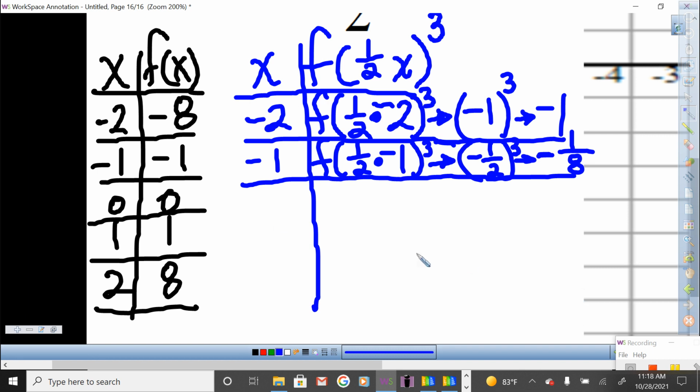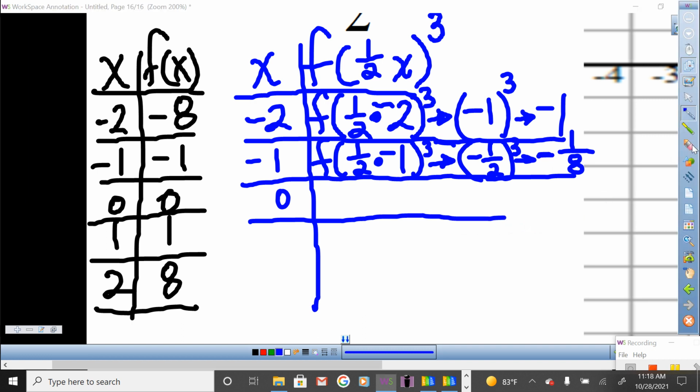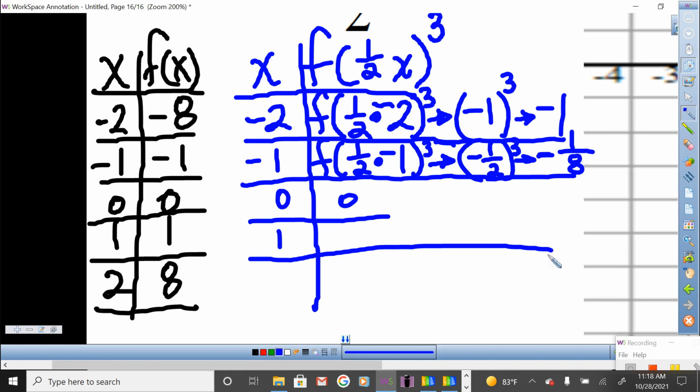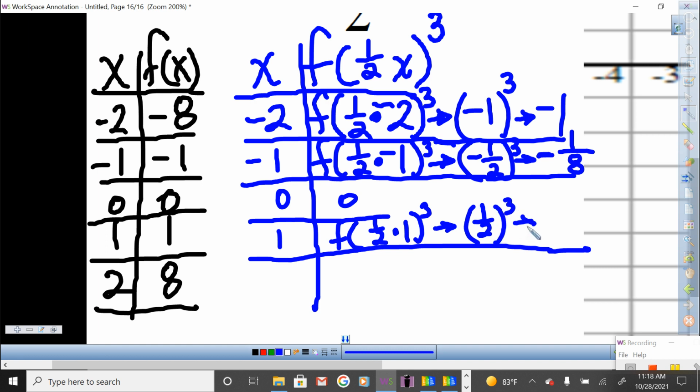Let's do the next one. 0. And just to save time, it's going to be what? 0. Okay. 1. We got f of 1/2 times 1 cubed, which is 1/2 cubed, which is what? 1/8.